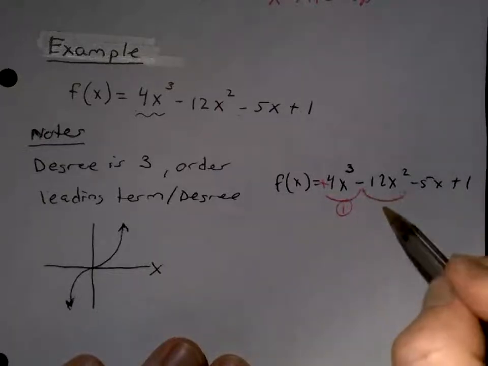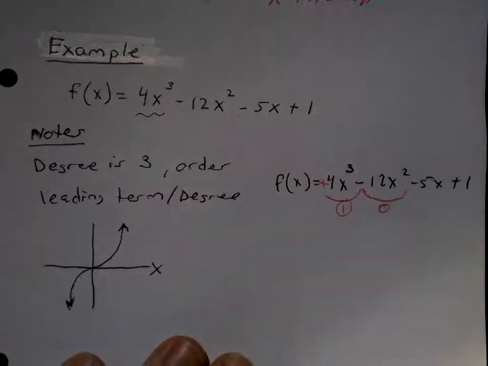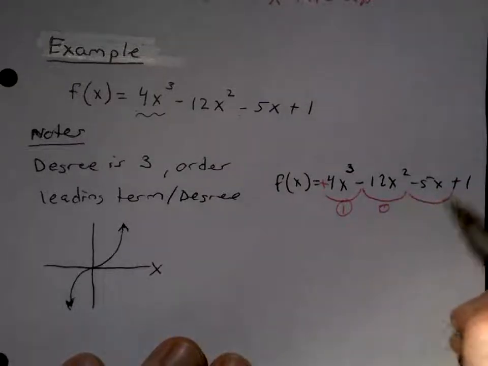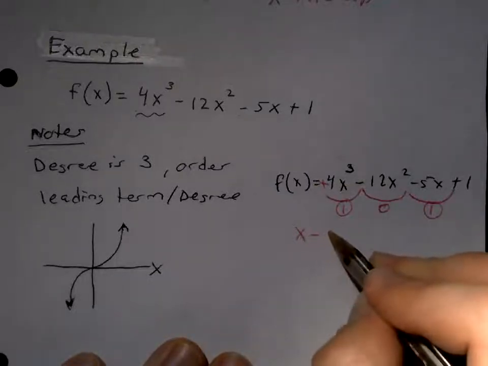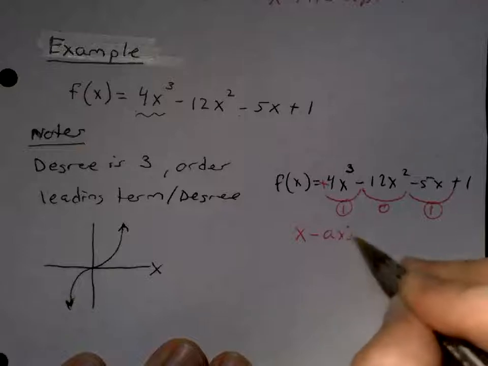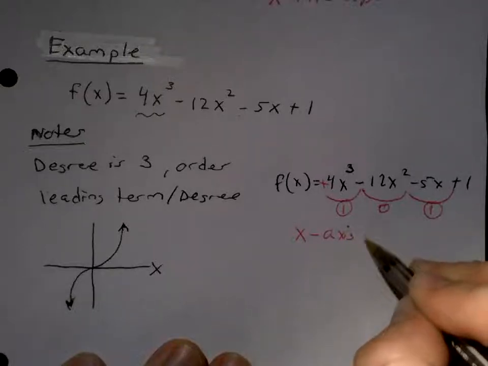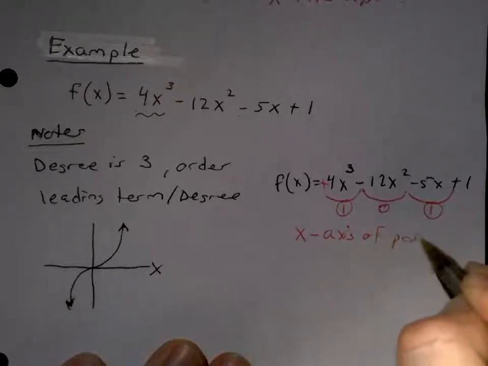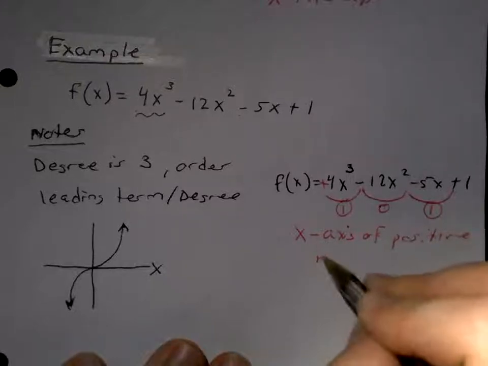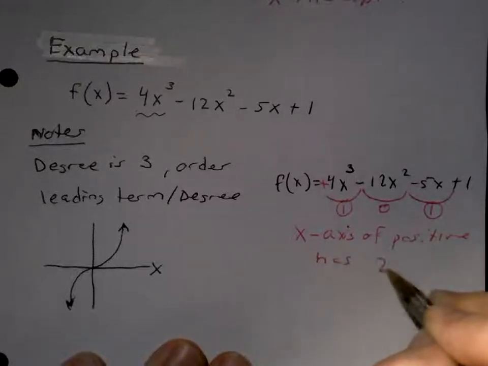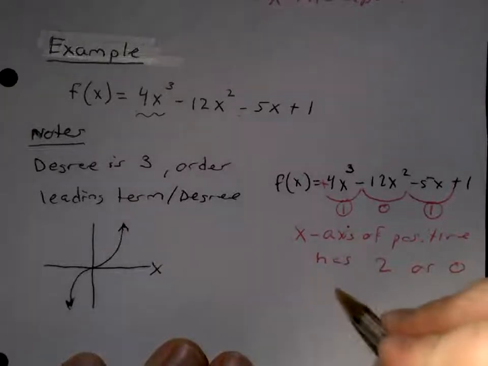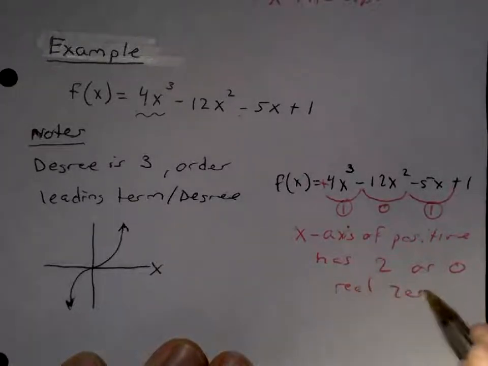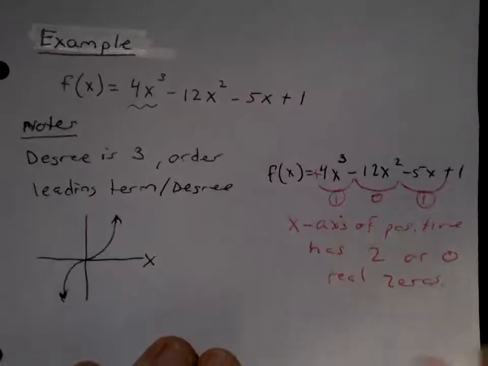From here to here, there's 0 sign changes. From here to here, there's one sign change. So we can say that f of x, for positive x, has 2 or no real zeros.